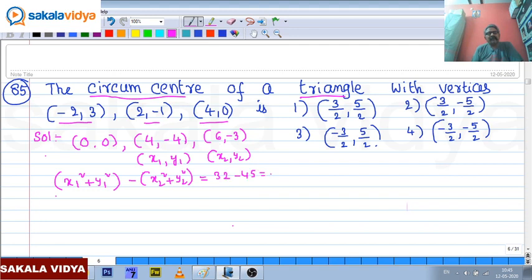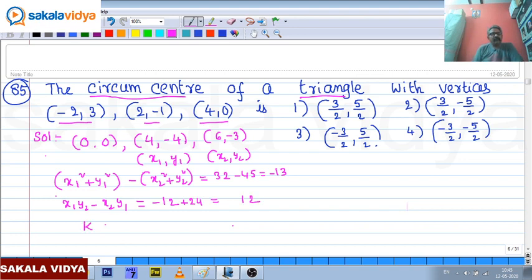This will be minus 13. And next, x1 y2 minus x2 y1. 4 into minus 3, minus 12, plus 24. This will be 12.